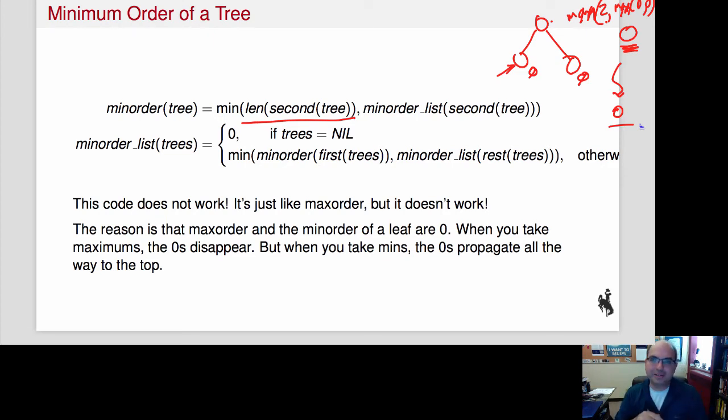But now that we're taking the min, it doesn't work that way, right? It seems like it should, right? Is the minimum order of each one of my children, surely that has to be true. But the problem is when one of them sends up 0, then we go, oh, then it's 0, right? So what we need to do is take care of that 0 a little bit more carefully, okay?